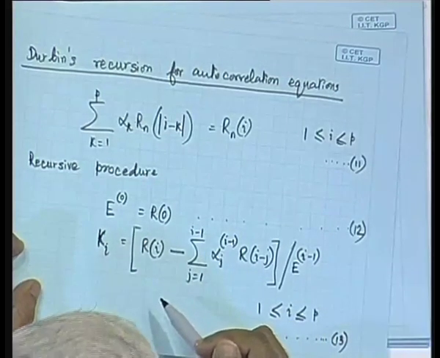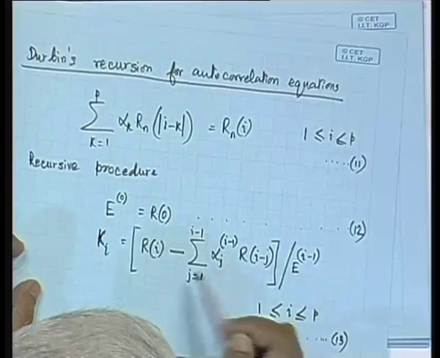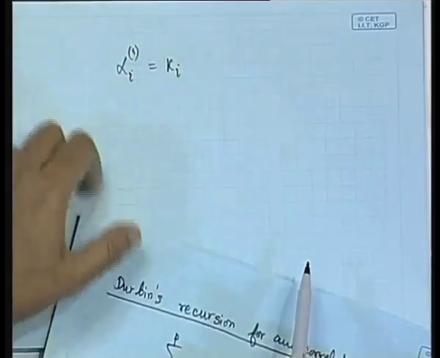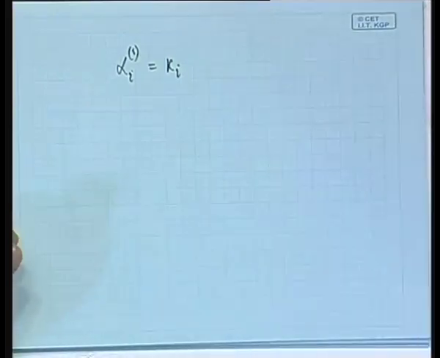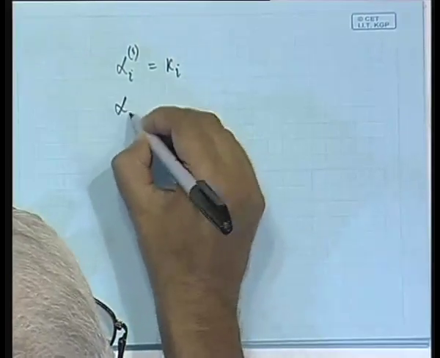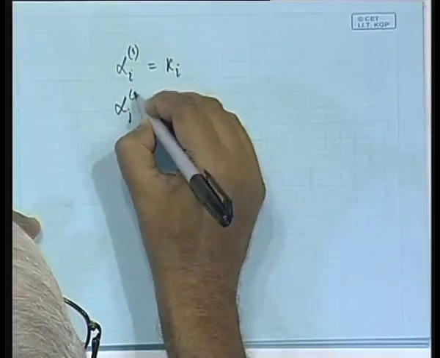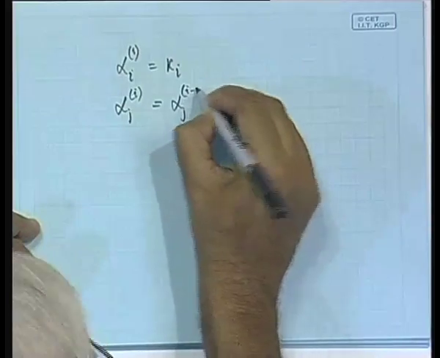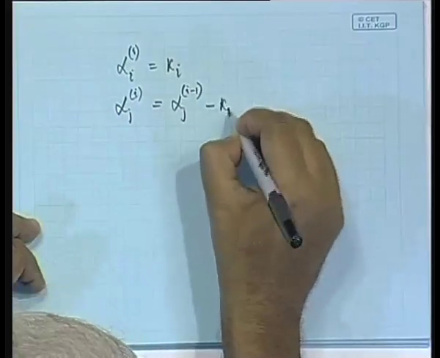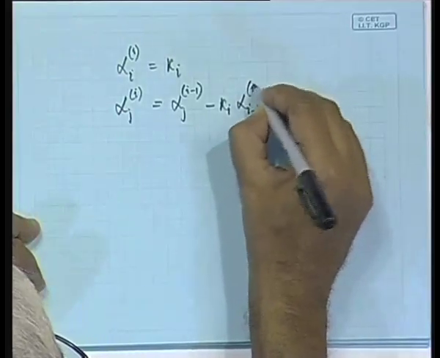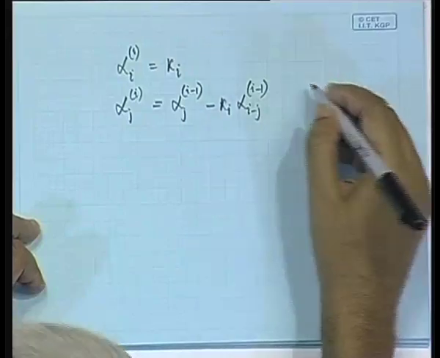So all that we need to do is, with an initial estimate of the alphas, solve for this k_i, and these k_i's will be the next estimate of the alpha. So alpha_i^(i) will be equal to k_i, and then alpha_j^(i) can be updated from alpha_j^(i-1) minus k_i alpha_(i-j)^(i-1), superscript.